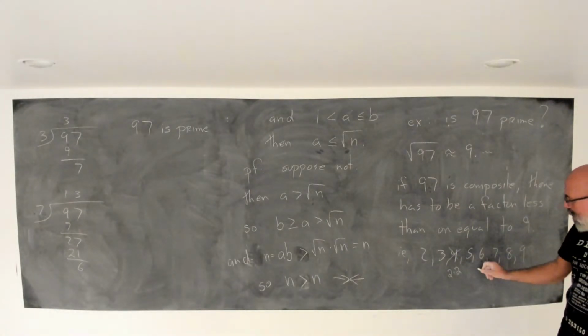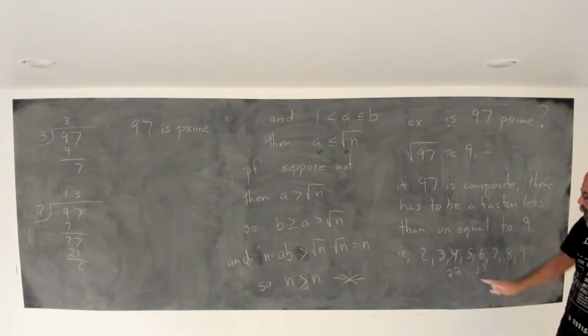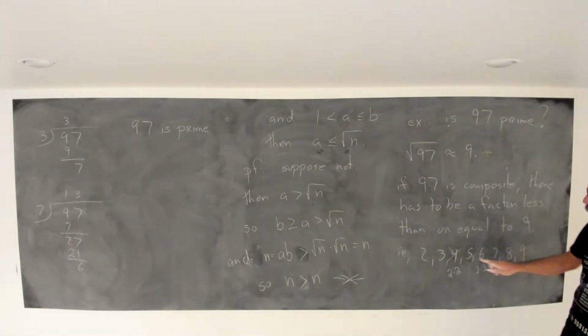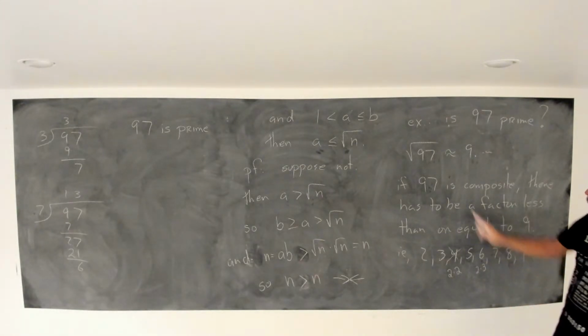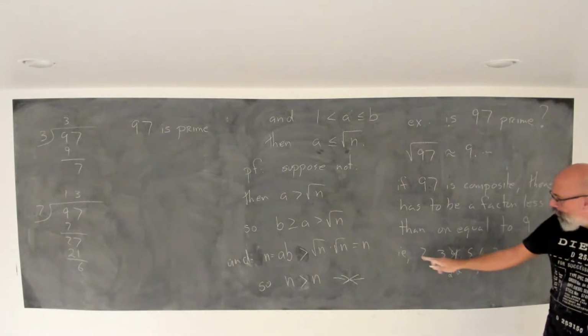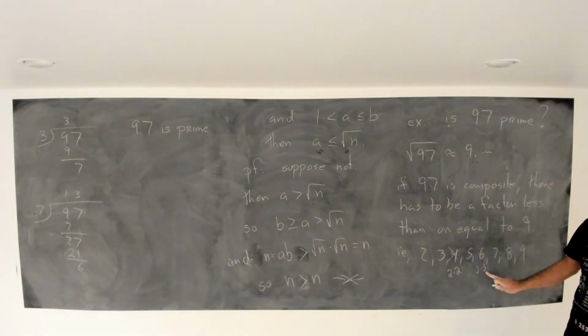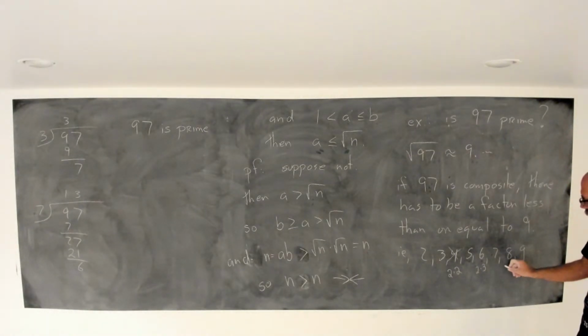Same with 6. 6 is 2 times 3. So if 2 or 3 were factors, I mean, if 6 is a factor of 97, then 2 and 3 would automatically have been factors as well. And same for 8. 8 is 2 times 4. And 9 is 3 times 3.